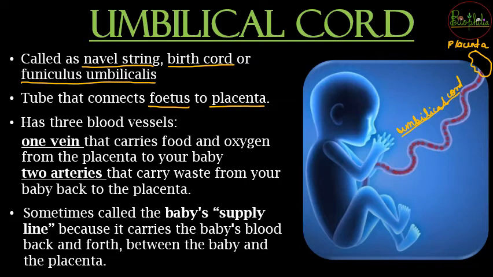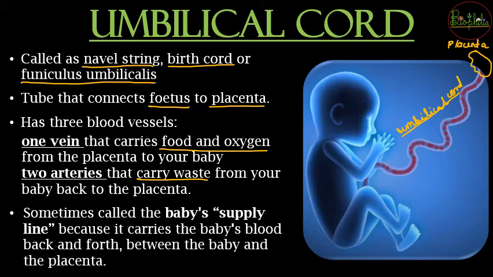So it is going to have 3 blood vessels. So umbilical cord के अंदर 3 blood vessels होंगे, that is going to include one vein, and the vein here is going to carry food and oxygen for the baby, and the two arteries which are going to carry waste from the baby back to the placenta, and from the placenta it will be transported to the maternal body.